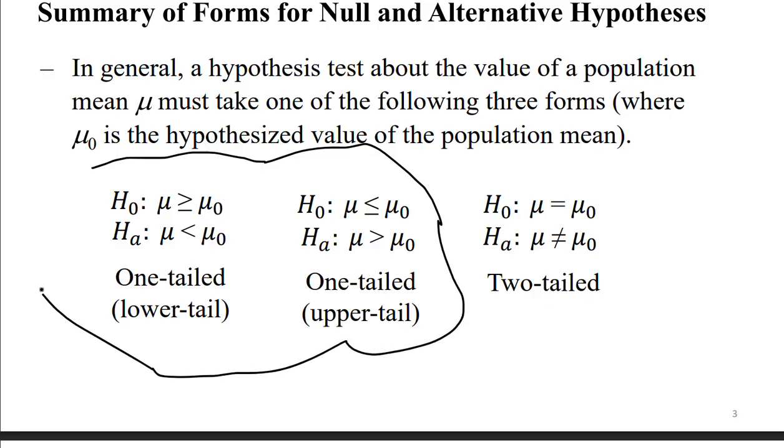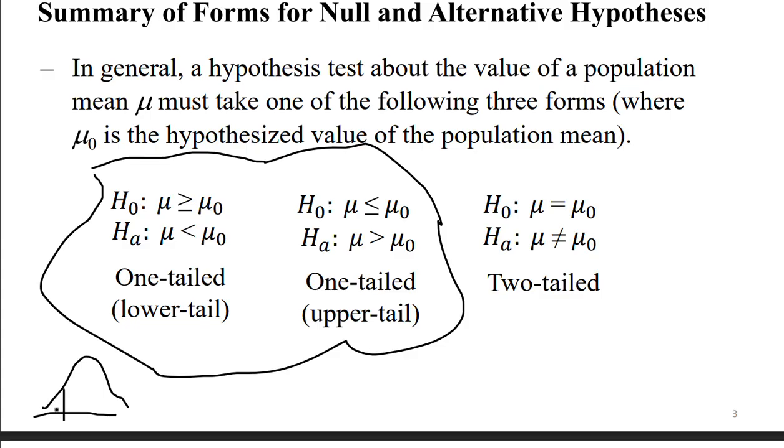Now, when you consider these two null and alternative hypothesis statements that we have here, we call them one-tailed hypothesis tests. The reason is, if the alternative hypothesis for a null hypothesis like this is less than, then it means on a standard normal curve, we are looking at only one side of the curve, which is less than. So it means we are looking at this side.